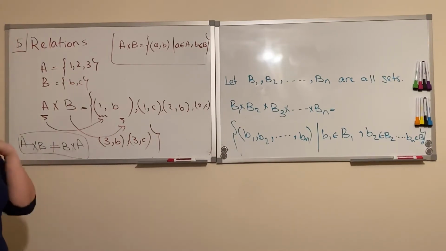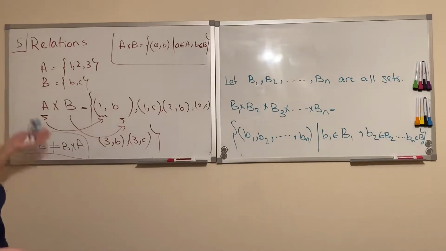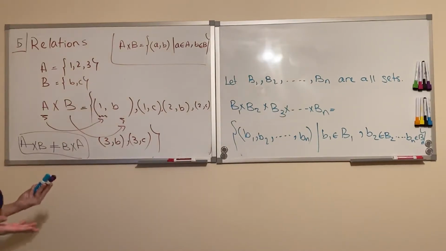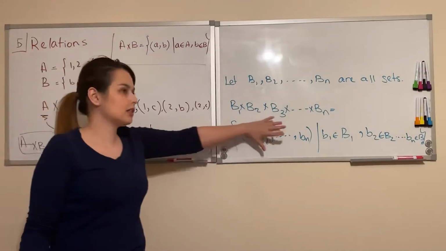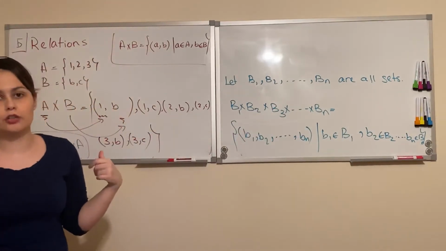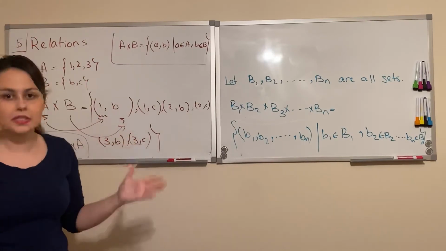Okay, now that we know the Cartesian product of n sets, and we also saw the example for 2 sets, I want to define the relation. A relation R can be any subset of the Cartesian product of some sets.